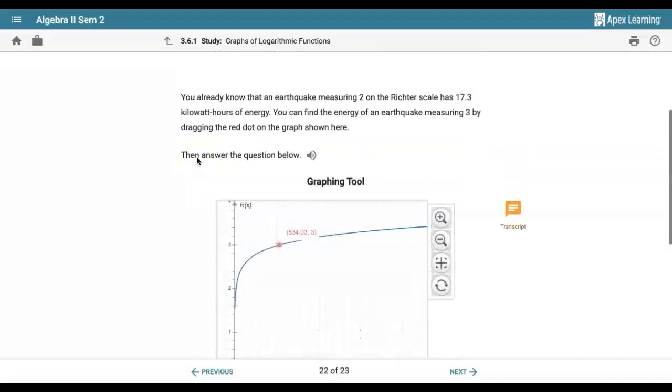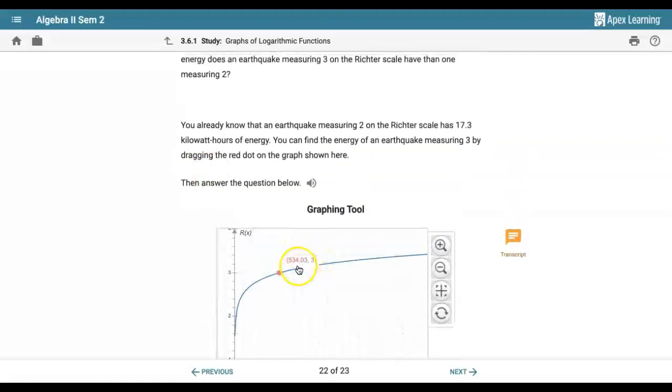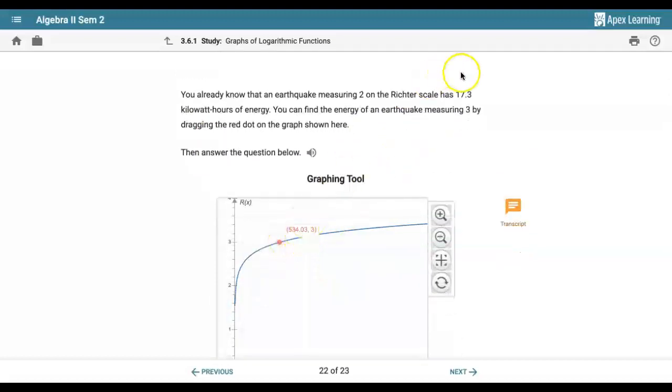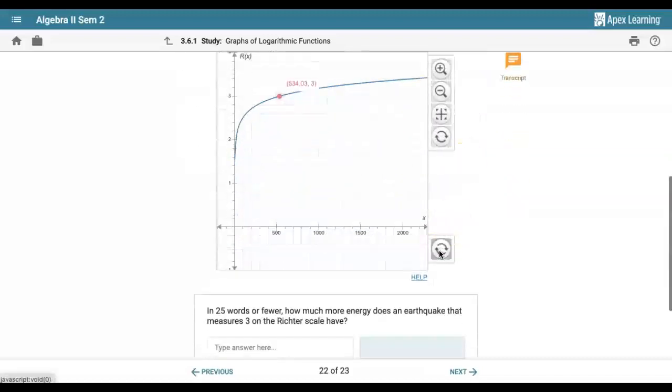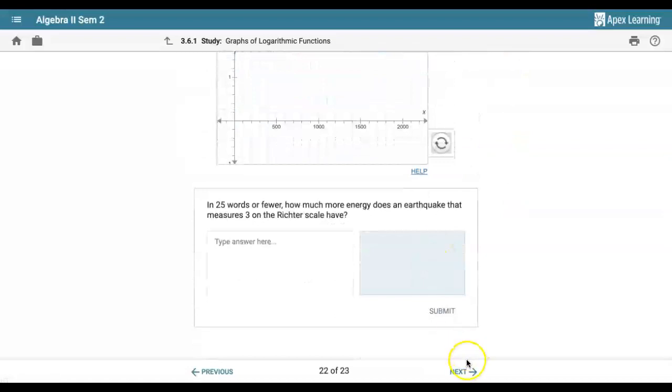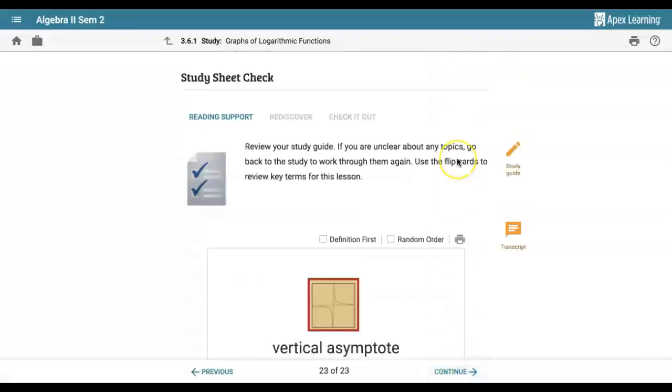So at X equals 534.03, we're going to have a Richter scale reading of 3 here. So then we would have our value. We could do our subtraction to figure out how much more energy. It would just be 534.03 minus this 17.3 here. All right, so we could do that easily. So that would be how we could solve that problem.